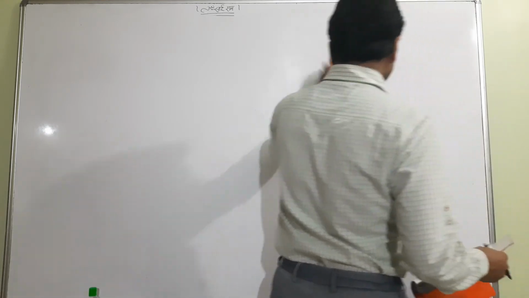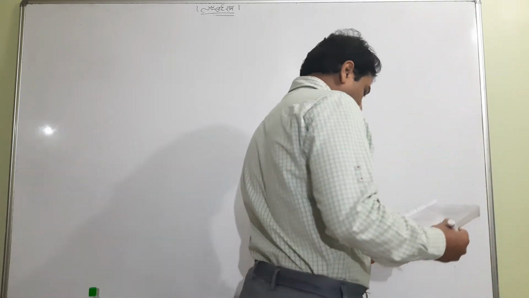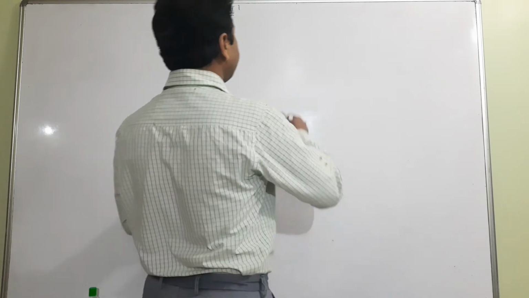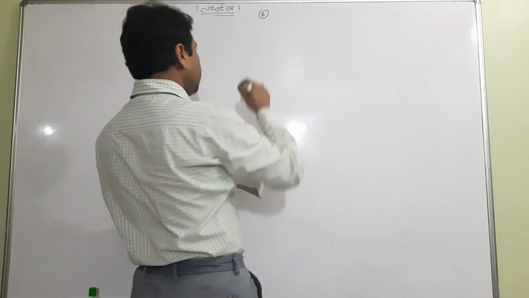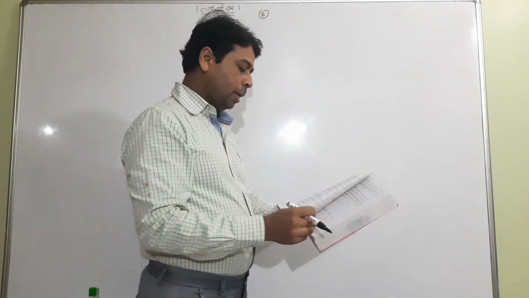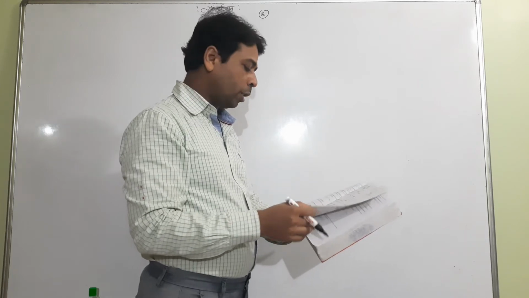Okay. Now I will move on to question number 3. The third question is actually very important, and it is very similar to the questions I explained in the last lecture.